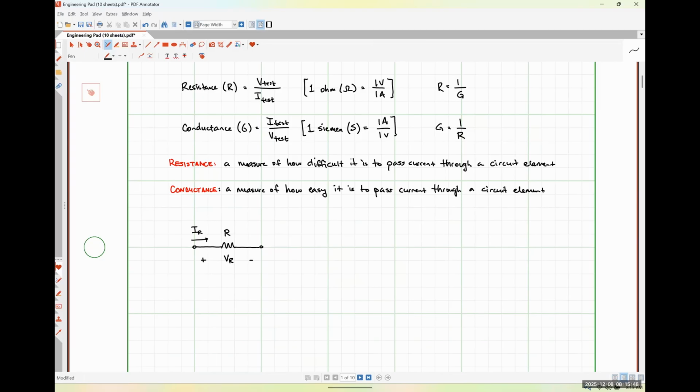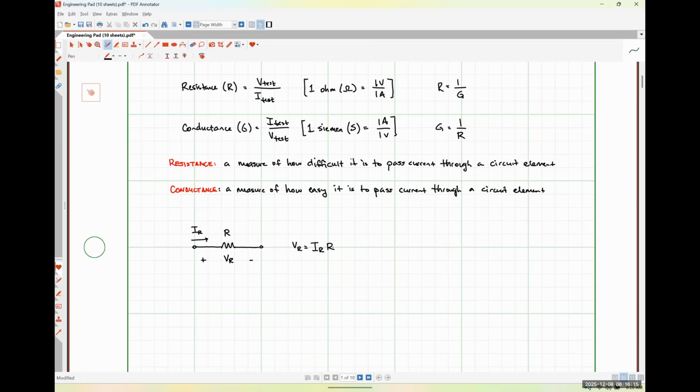Okay? So whenever we have current flowing into the positive polarity terminal, like we have here, what we're going to find is that the voltage drop across our resistor V_R is simply the current flowing through our resistor times the resistor value itself. Okay? This is the Ohm's law that you guys learned back in Engineering 120 and have been using in various forms in your other courses.